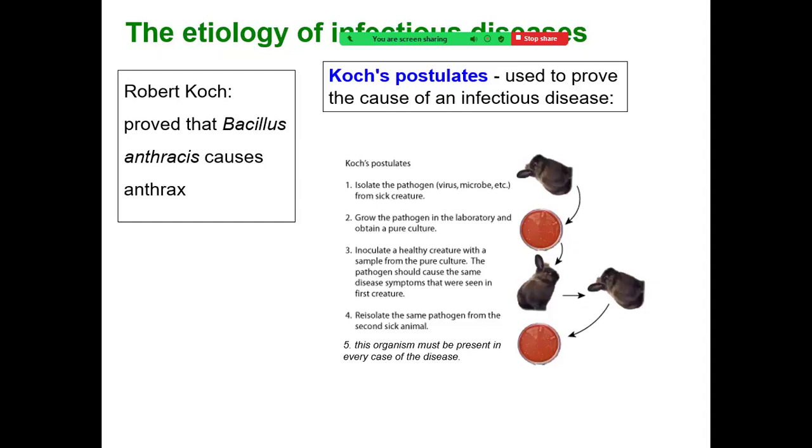But Dr. Koch said you have to go one step further, and you have to show that out of this sick bunny, you can obtain the microbe that you injected into the bunny to make it sick. And if all of these steps are in place, these are Koch's postulates, the steps you use to show that a given microbe can cause a given disease.